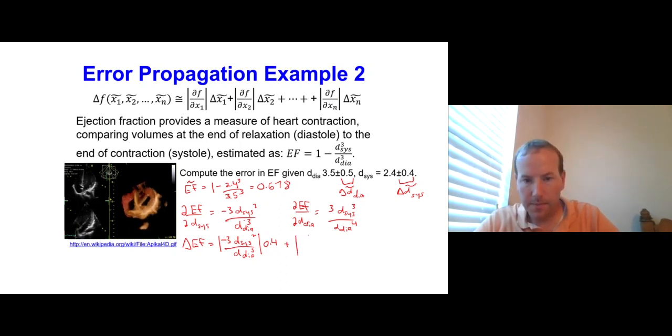And for our second term, we have 3 d-sys cubed divided by d-dia to the 4 times 0.5, like this.